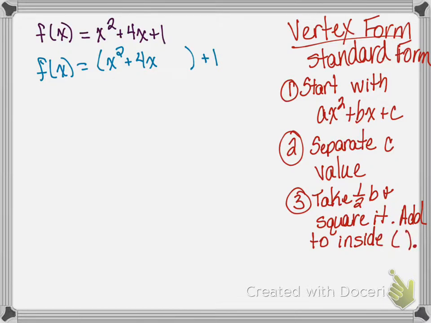Half of b is 2, and then I'm going to square it. So I get 4. Now, when we were completing the square, and that 1 was a negative 1, and it was on the other side, what did we add to the other side? I added the plus 4. Good. That's exactly right.